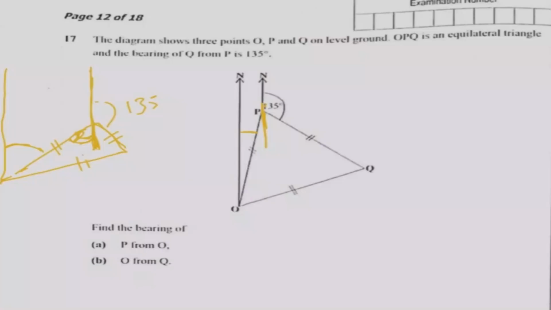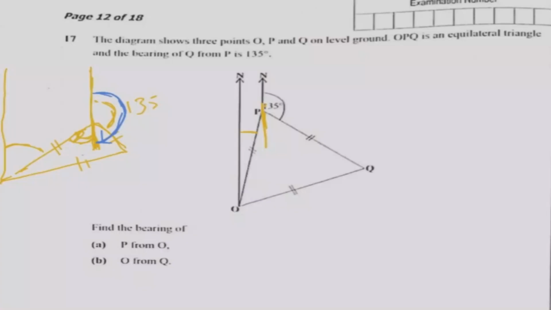We know that this angle is 135, but when we consider the full angle on a straight line from there up to here, this will be 180 degrees.